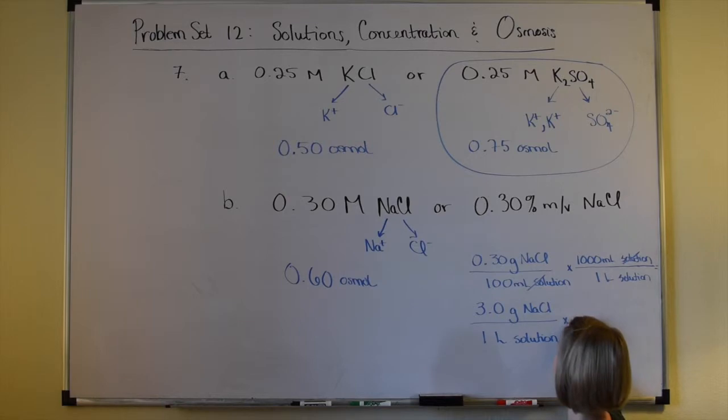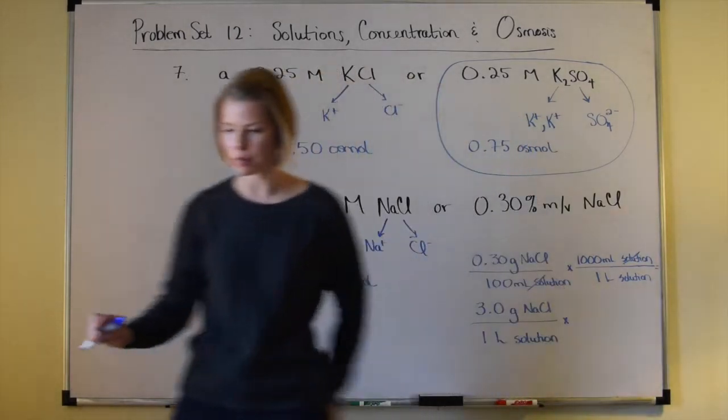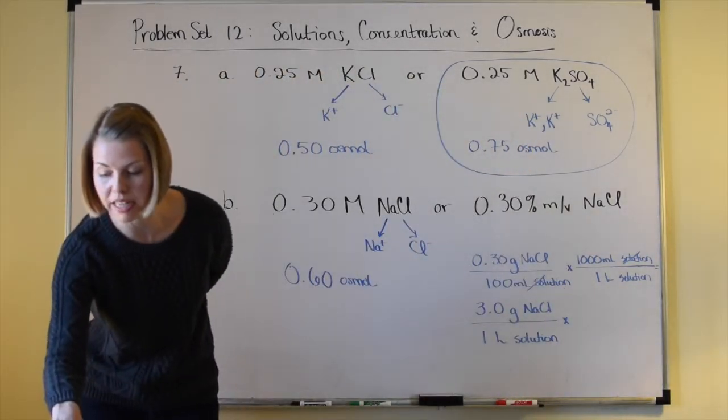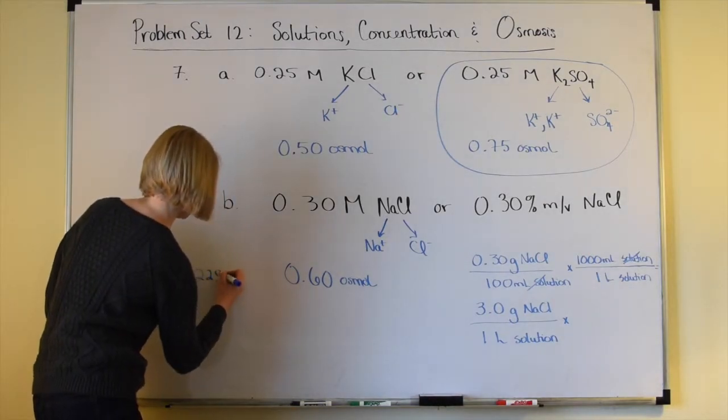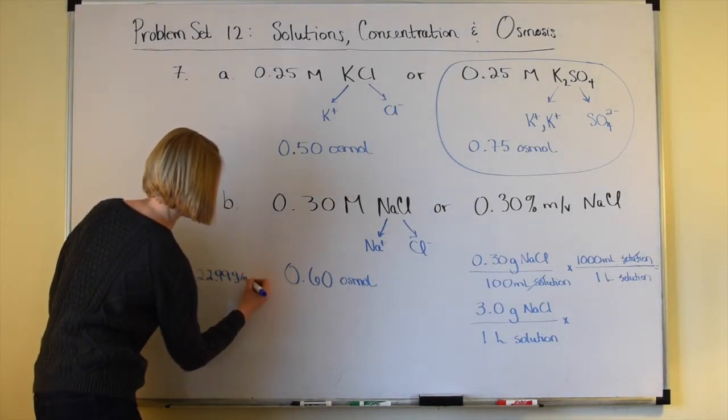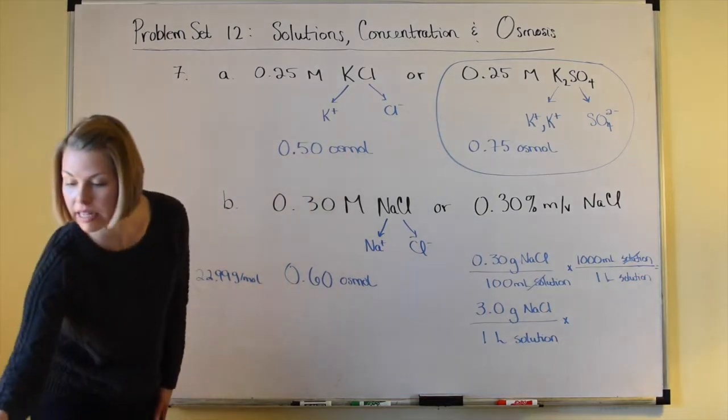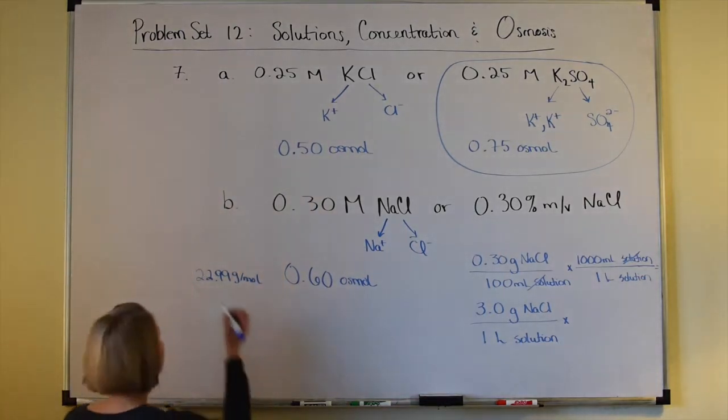Okay, and now let's go ahead and convert grams into moles. Okay, so we need the molar mass. Let's go to our periodic table. Sodium is 22.99. I'll write it here, 22.99 grams per mole. And my chloride is 35.45.